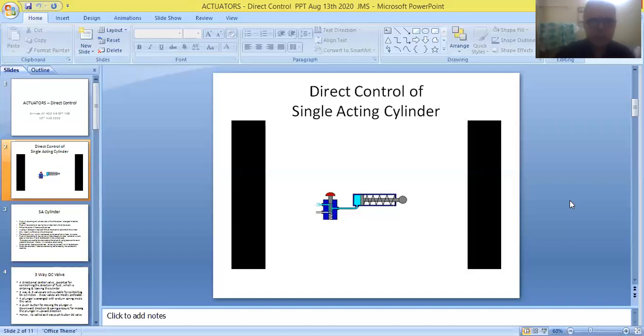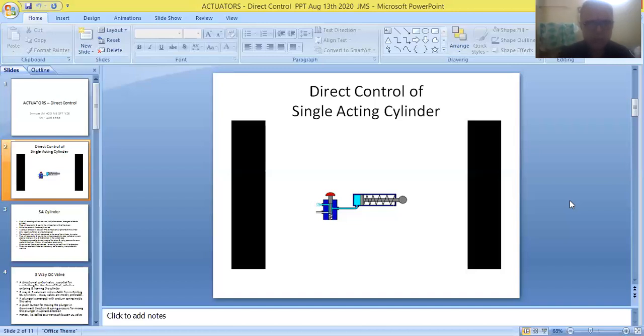Now, secondly, a passage is made on the left hand side of the piston for supplying and receiving fluid that is coming out of the cylinder. This is called a cylinder port. Through this cylinder port, fluid will be entering the cylinder for performing the forward stroke of the piston.